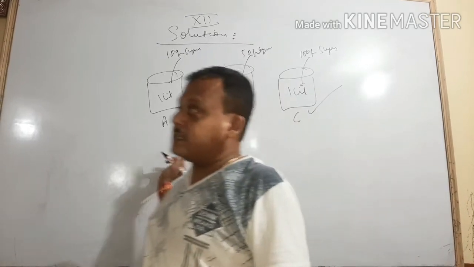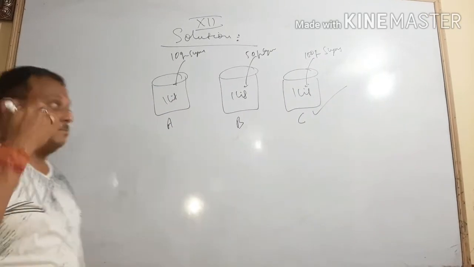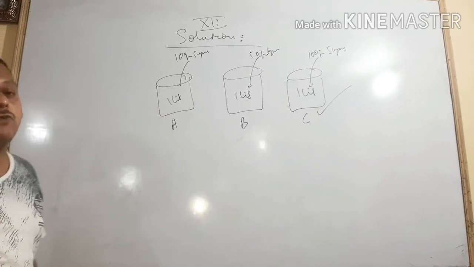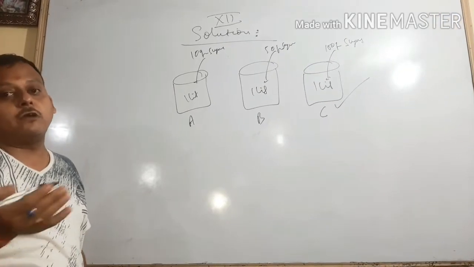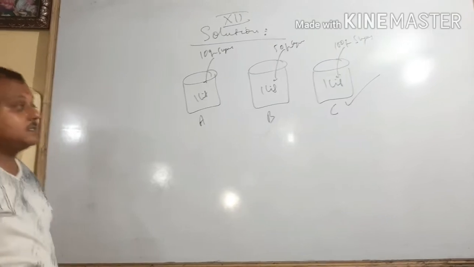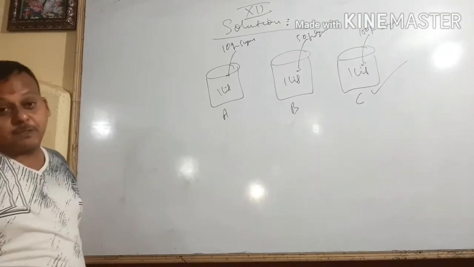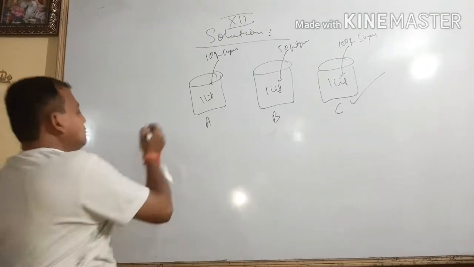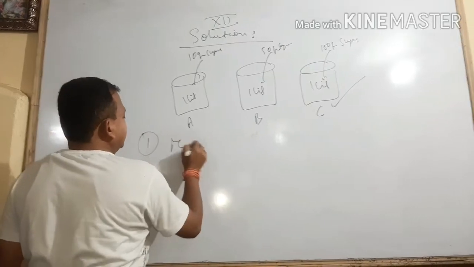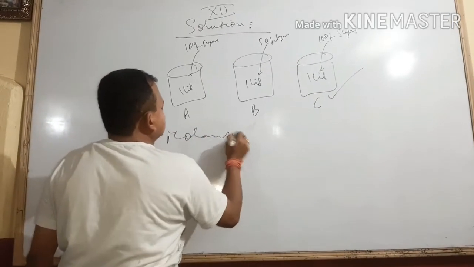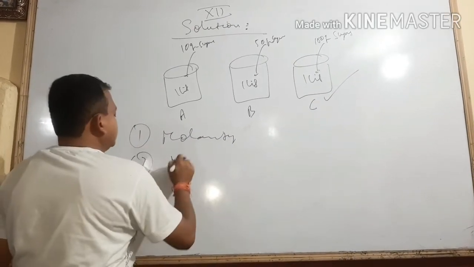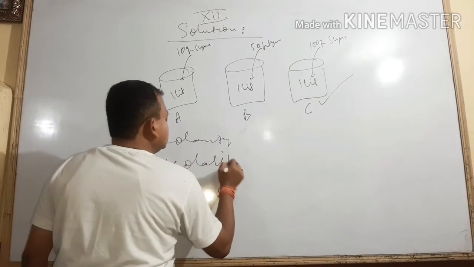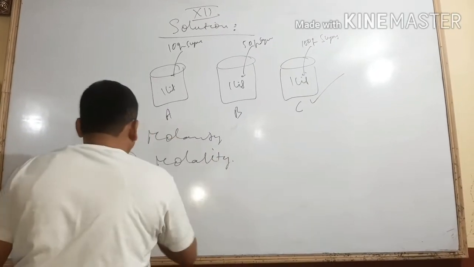Thus, strength determines the amount of solute in a given amount of solvent. The strength of the solutions can be explained in the following terms. First, it is molarity. Second, molality. Third is mole fraction.